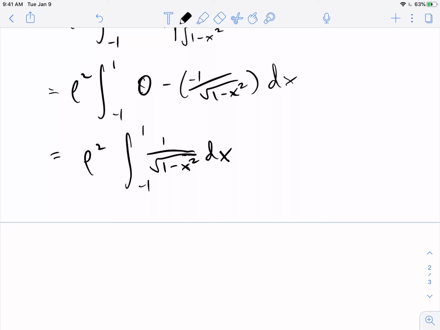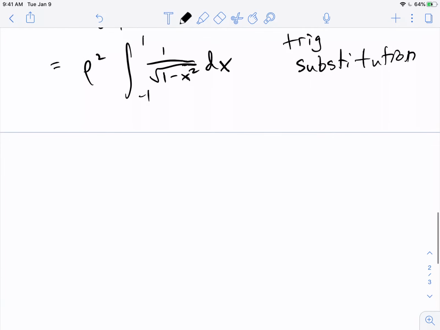For me, I didn't remember, and I didn't feel like looking it up, because we can actually solve this if we're a little clever using trig substitution, which I know is probably not your favorite thing, but it's not so bad in this case.